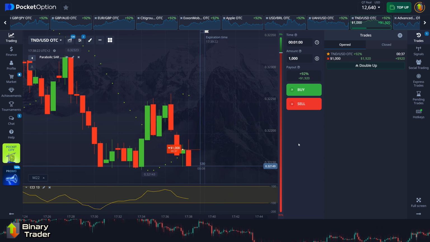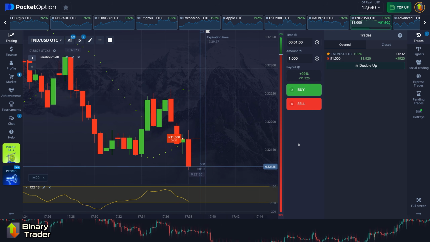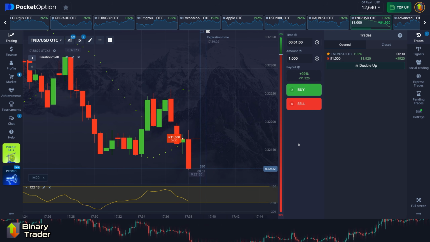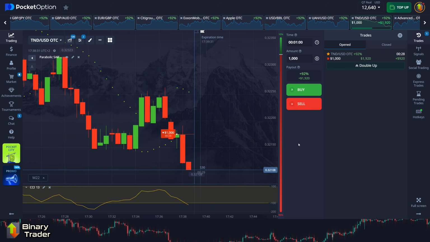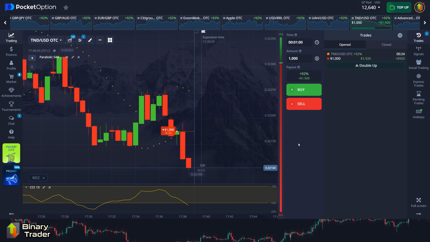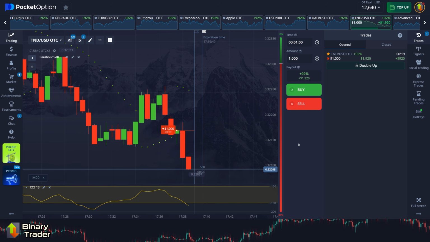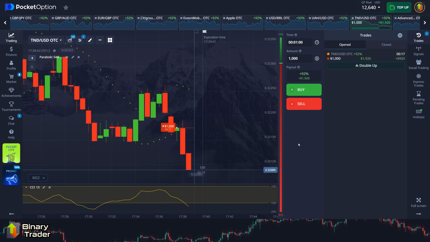Bearish momentum seems to build. And the move accelerates, but there is a lot of time left. And after all, in this type of trading, the direction at expiration matters more than the size of the move.